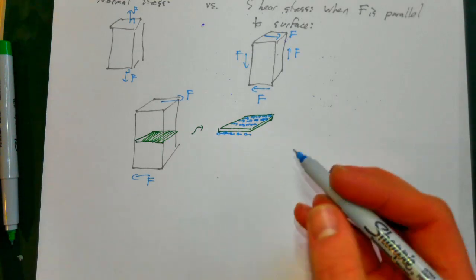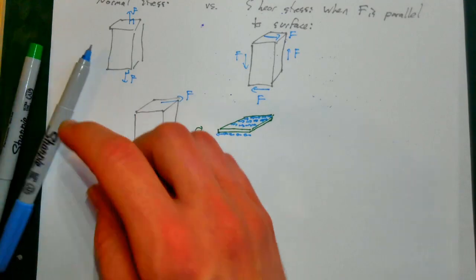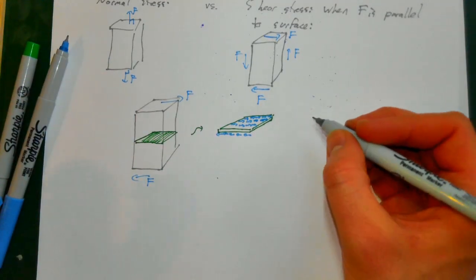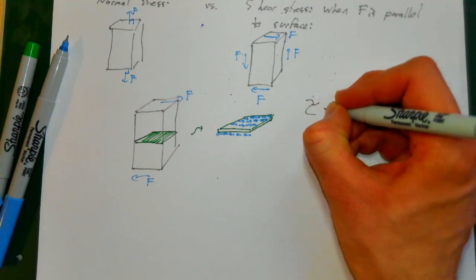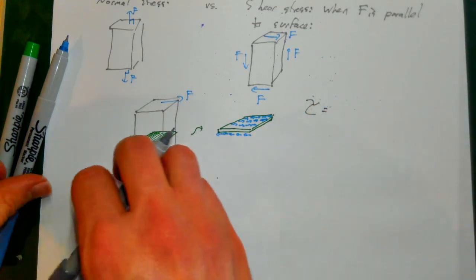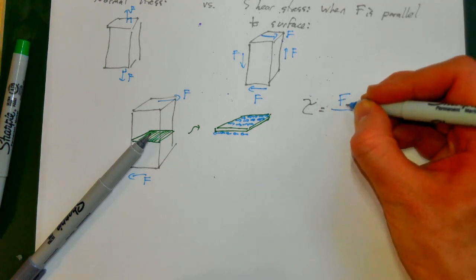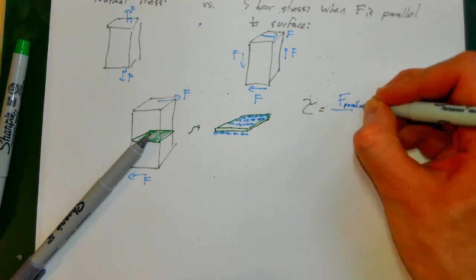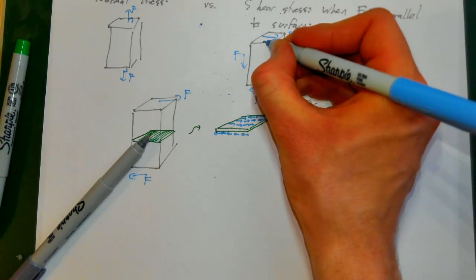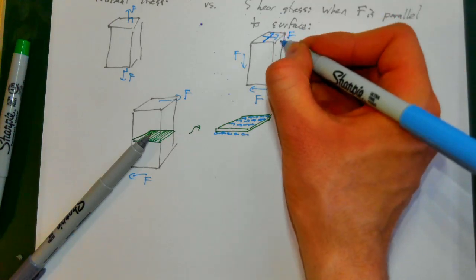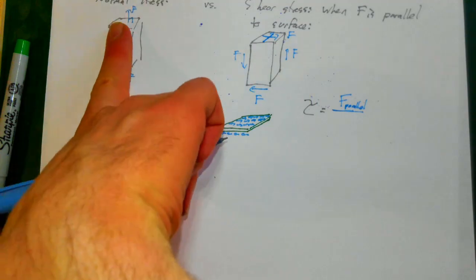So this is basically what shear stress is, and it's defined in the same way. Instead of using the Greek letter sigma for shear stress, people typically use tau. It still has a definition of force over area. So we'll just do force parallel to the surface. Of course, you need to watch out because there can be any number of directions that you can have a force parallel to a surface, whereas perpendicular is always just perpendicular.